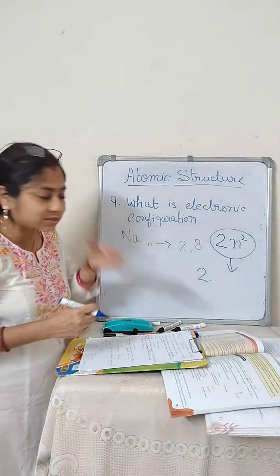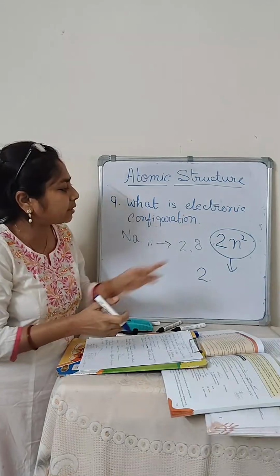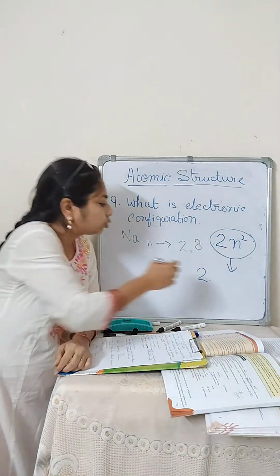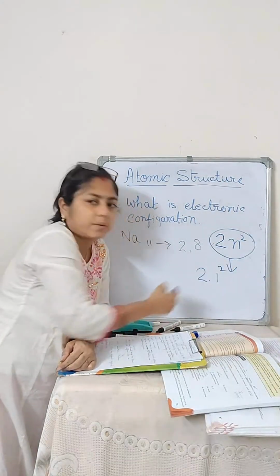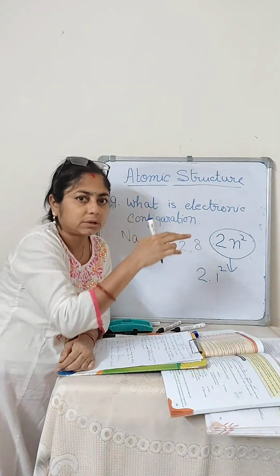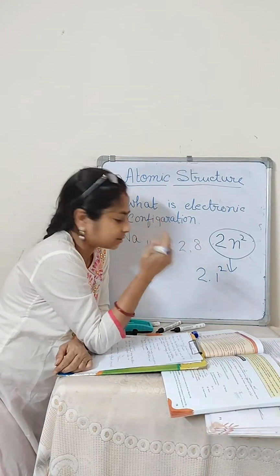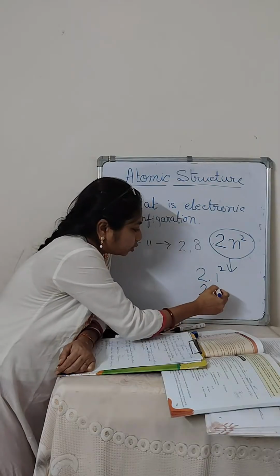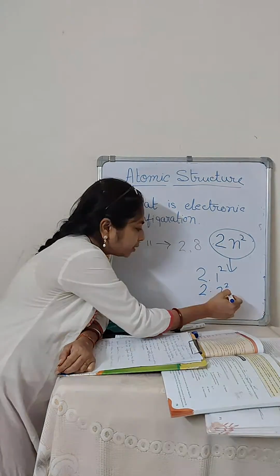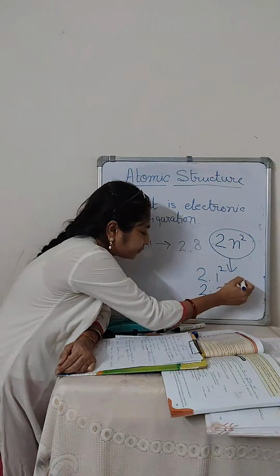Which number of shell do you have? Suppose it is the first shell, so you write 1 square. You want to know the second shell: it is 2 into 2 square, means 8.